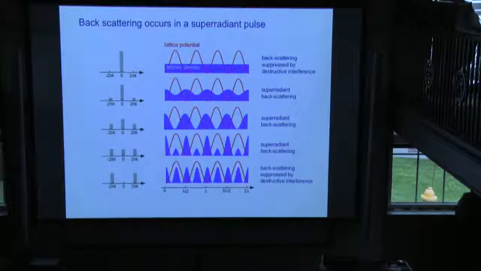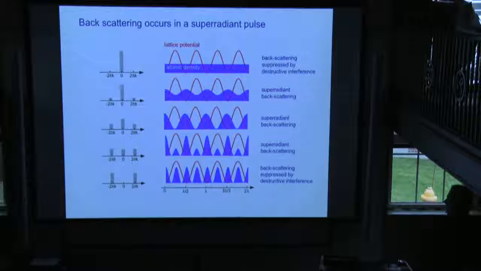Then a little bit of backscattering can occur, despite the fact that this density distribution is homogeneous. There are always fluctuations, quantum and thermal, and then the plus and minus 2ħk states become occupied, and that leads to a little bit of a lattice-commensurate modulation.